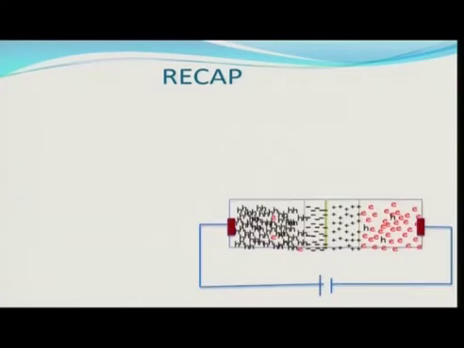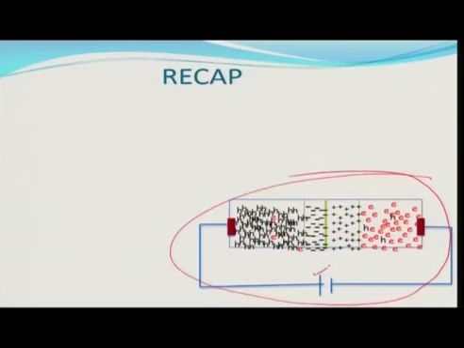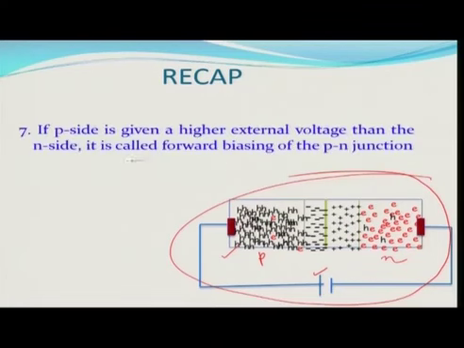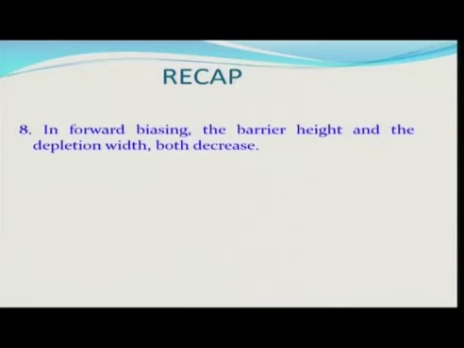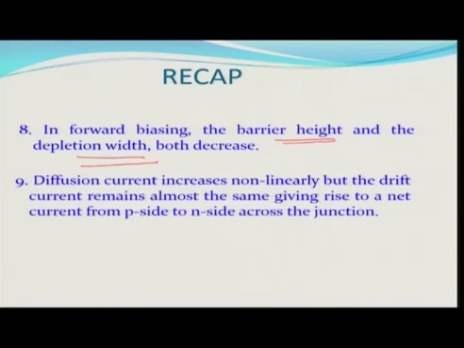But what if you join a battery? So, we discussed that if you join a battery in this fashion, so that the positive of the battery is connected to the p side and the negative is connected to the n side, this is known as forward biasing of this p-n junction. And if this forward biasing is done, then the barrier height is decreased, the depletion width is decreased, both of them decrease, and that increases diffusion current.